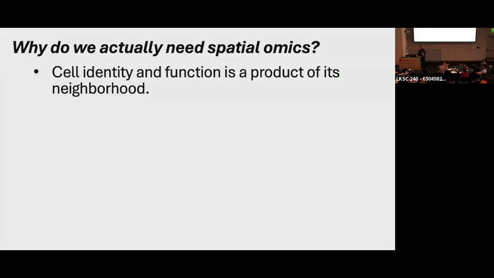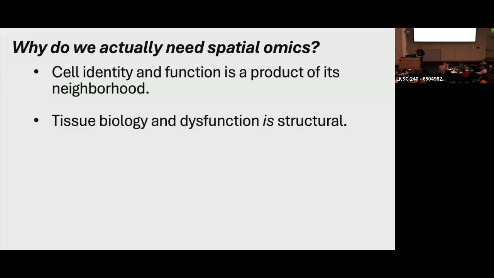We can only understand what a cell is based on where it is and its neighbors. A lot of time that dictates the cell's function. A lot of the talks, particularly this morning on this last day, showed that in disease, especially with tissue dysfunction, things like tumorigenesis, structural biology is strongly predictive and associated with what's going on. You can't tell what's going on just by cell composition alone.